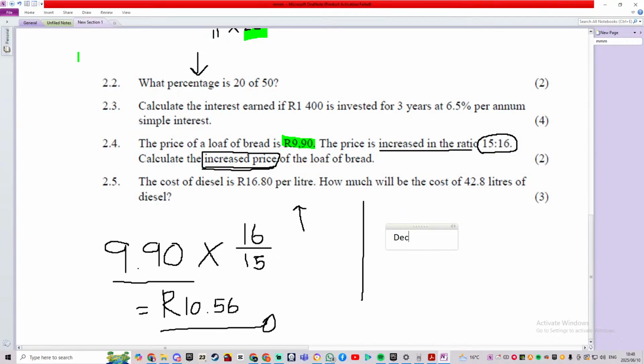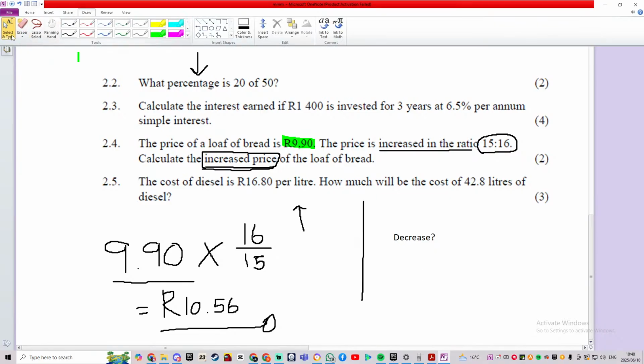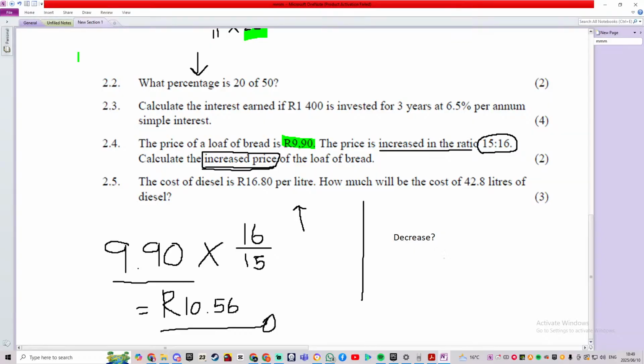So if we were to decrease, what would we do? We're going to say 9,90. We multiply it. If we are decreasing, we put the smaller number on the top over the bigger number. Then you'd get an answer.